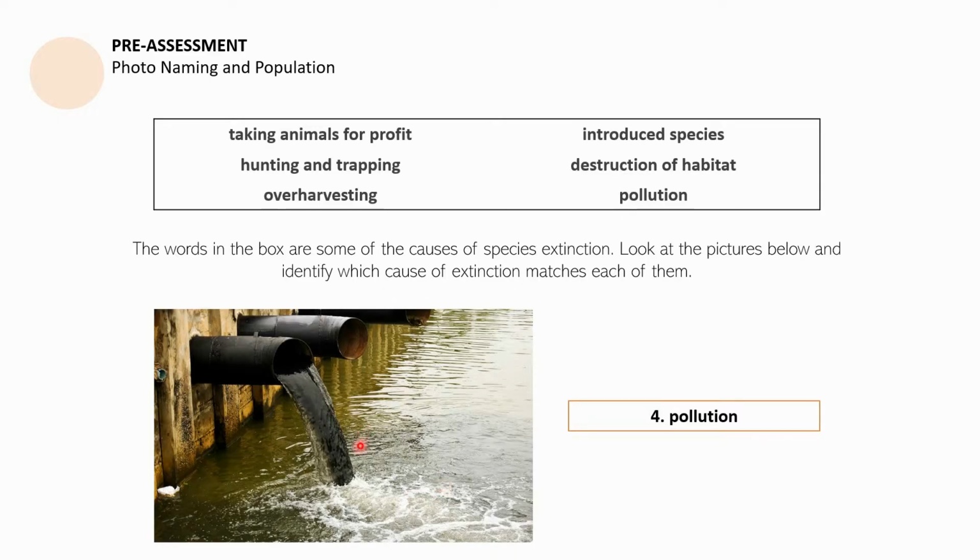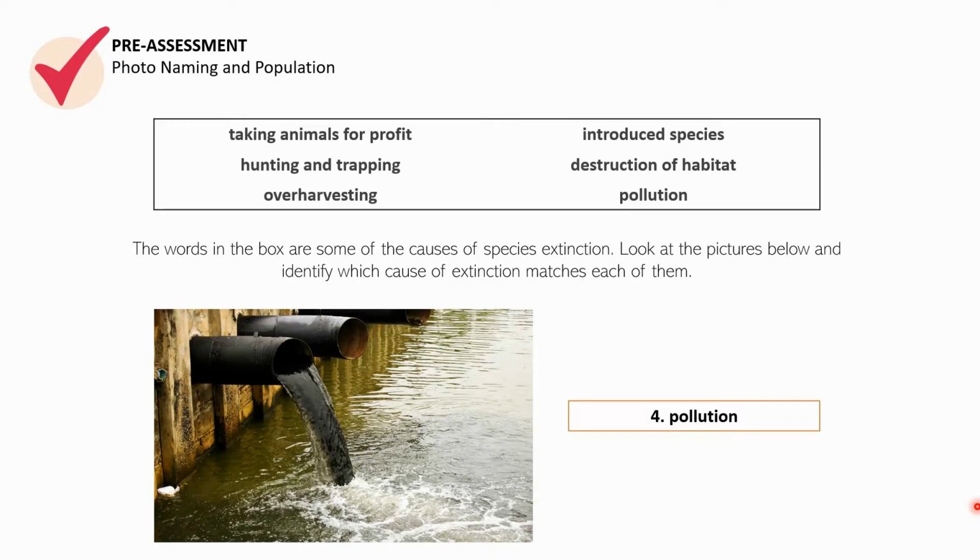Obviously, this is sewage from a factory. It appears so, because of this black liquid coming from these pipes. They appear to be coming from somewhere that is doing some mass production of something. That is for the pre-assessment.